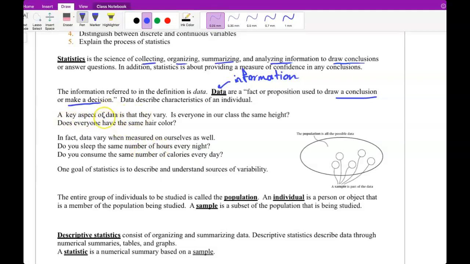Okay, we may have different types of data, different information. For example, you may ask, is everyone in our class the same height? What are the answers for that part? Or you may ask, does everyone have the same hair color? So we have different types of information.